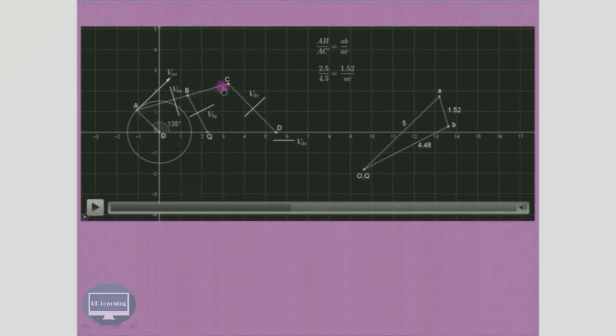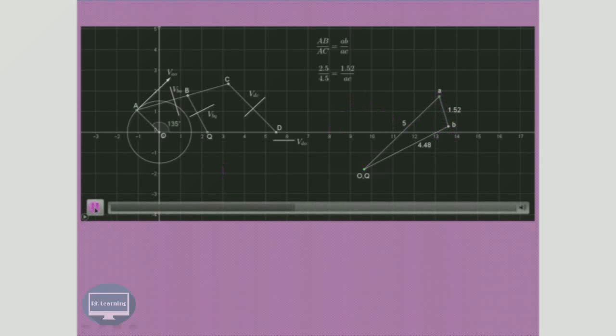Then we have to locate this particular point C, which is nothing but the extension of this link AB. So we have taken the ratio over here. AB divided by AC on your space diagram will be equal to AB divided by AC on the velocity diagram. So this link length AB is 2.5 on the space diagram, then this AC is 4.5. Whereas this AB, as you can see over here, is 1.52 centimeter, and we have to find out the length AC over here.